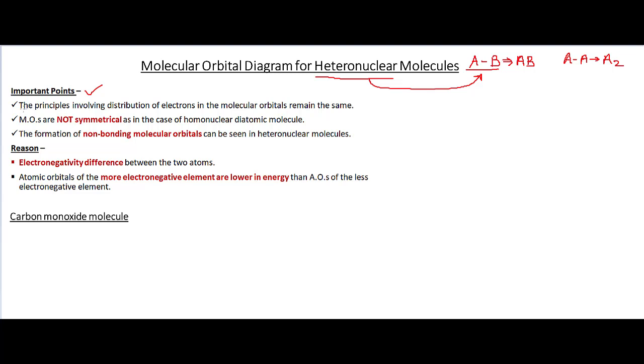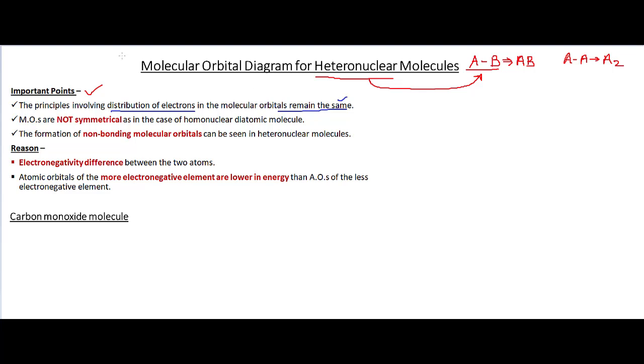First, the principles for distributing electrons in the molecular orbitals remain the same. The way we distribute the electrons from low energy to high energy remains the same in heteronuclear molecules also. So no change in that.